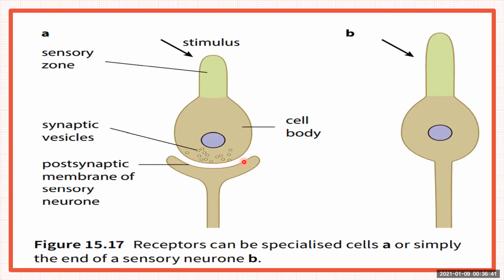And it is through these vesicles that the neurotransmitter will be released, right? So this is a specialized type of receptor. And the others can be simply the ends of a sensory neuron, as we just discussed about the touch receptors. So these are two different types of receptors. This is a simple end of a sensory neuron. This one is a specialized cell.